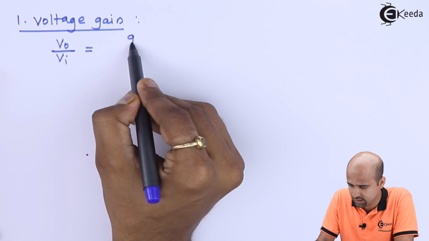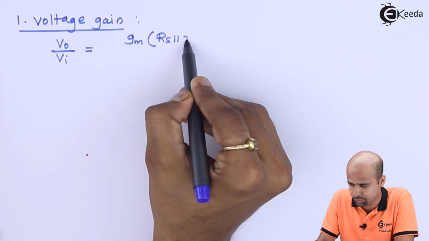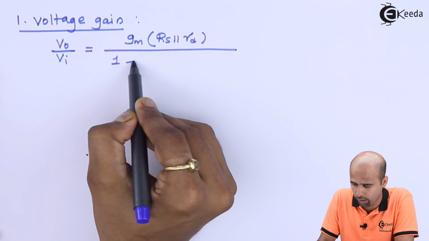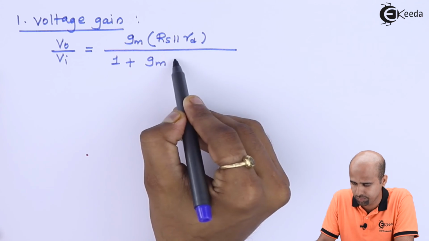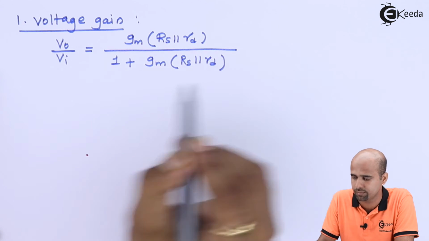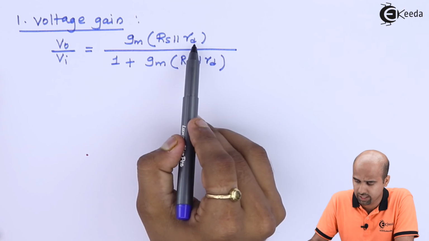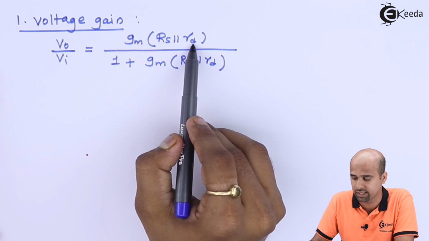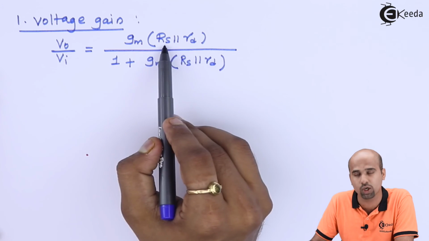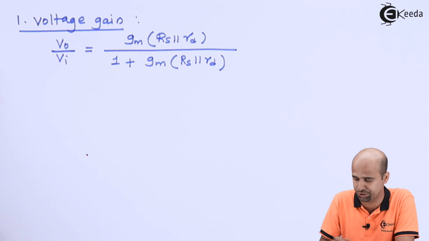As this is a CD amplifier, I know the formula: GM into RS parallel to small rd, divided by 1 plus GM into RS parallel to small rd. Very simple. As I know that small rd is equal to 50k and RS is equal to 820 ohm, we'll take the parallel combination first and then put this in the formula of voltage gain.